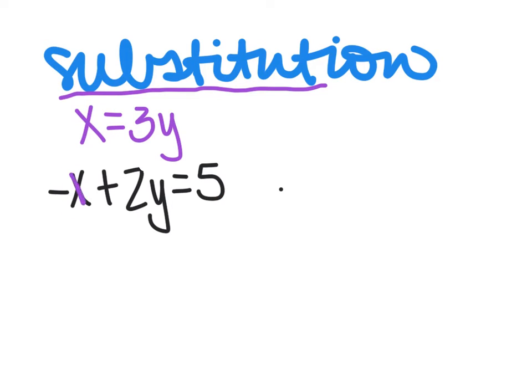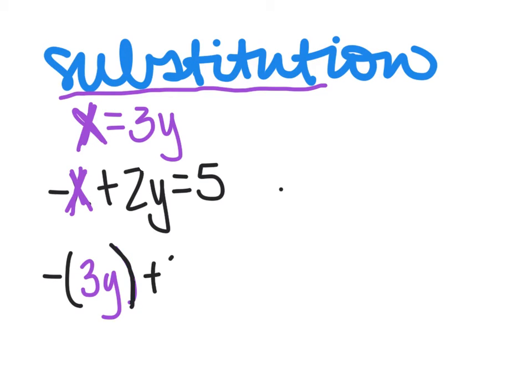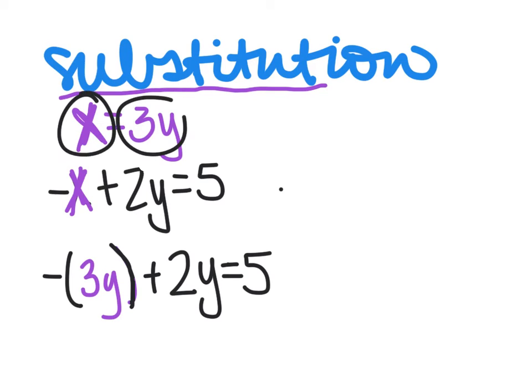Well, this x in this second equation is the same as the x in the first equation, which means I can rewrite the second equation with a 3y instead of x. So I now have negative 3y plus 2y equals 5. The reason I can do that is I can substitute because this x and 3y are equal, which means this x and 3y must also be equal.